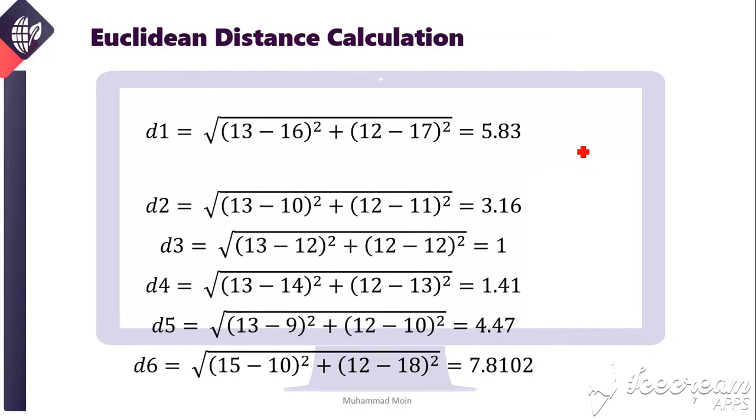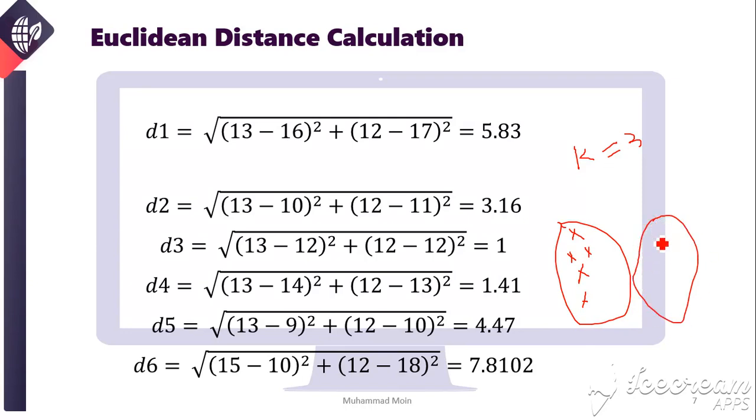So if I choose k equal to 3 over here, let us see the distance. Let us first see, if I have two data points over here, this is my first data point and this is my second data point.